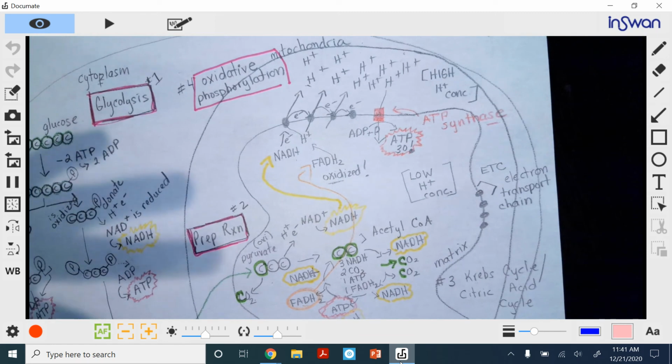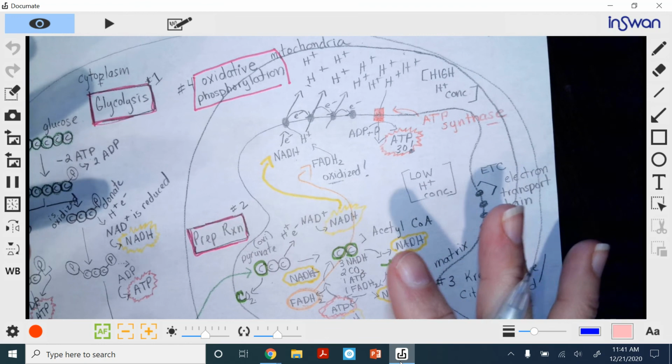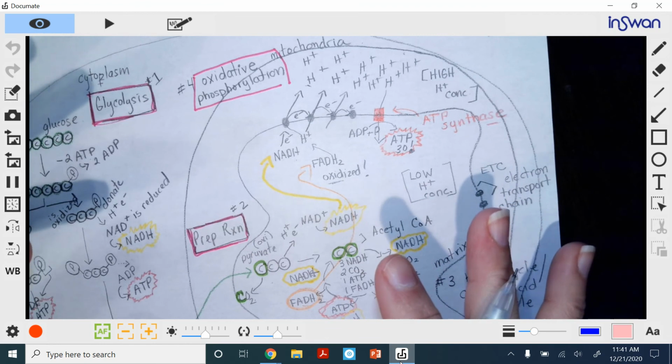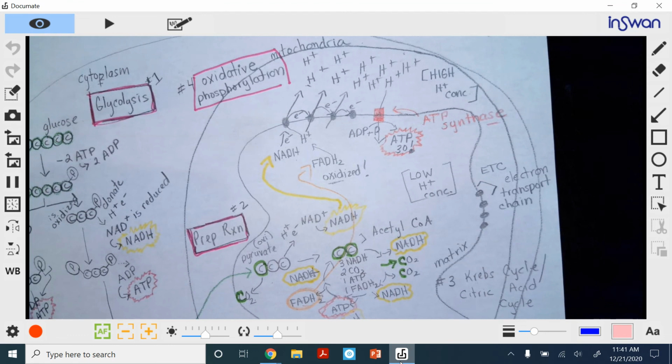Okay, so if you think about it, everywhere in the cell there are reactions taking place, and those reactions need ATP, right? And to use ATP, all you do is take a phosphate off and stick it on another molecule, like a kinase, right? But then the ADP just gets released. So when you generate ATP, in a cell there's ADP and phosphates everywhere, and they need to come together.